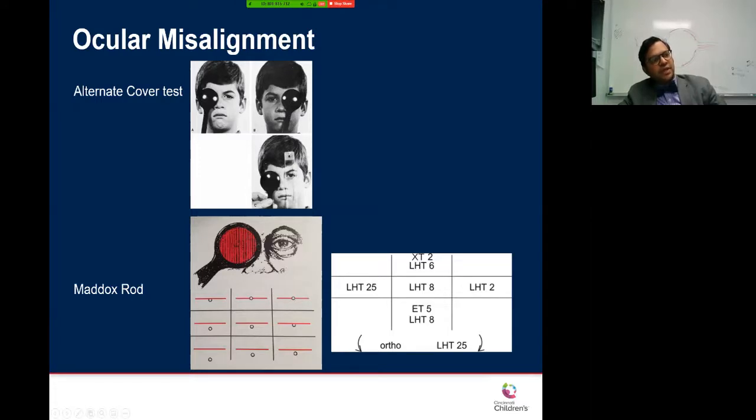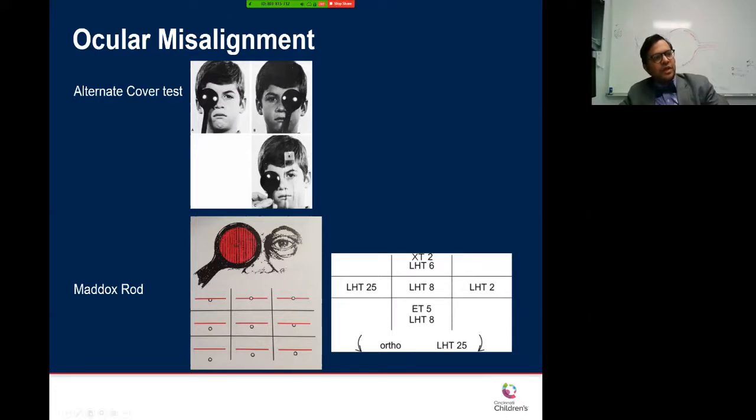Once we have them fusing like this, they say the line is right over the white light. So this one's staring right at it, and now we've adjusted the prism so that this has gone from here to right on that white line. We know that's exactly the amount of the deviation that they have, and that's how we measure the deviation.